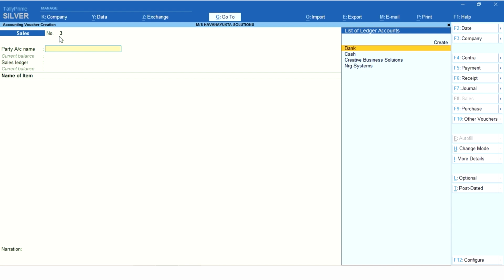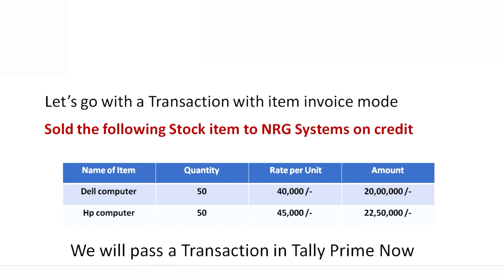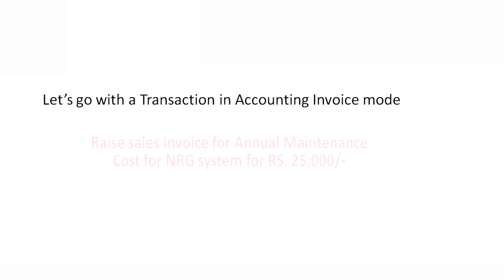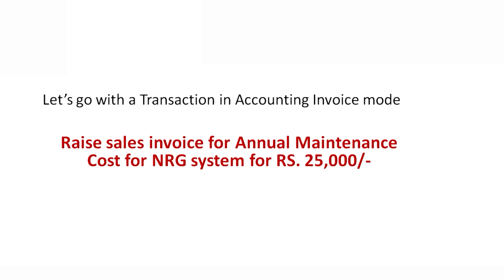So next we go with a transaction. We'll pass this transaction in accounting invoice mode. We'll raise a sales invoice for annual maintenance cost for Energy Systems, and we'll raise the invoice for 25,000.